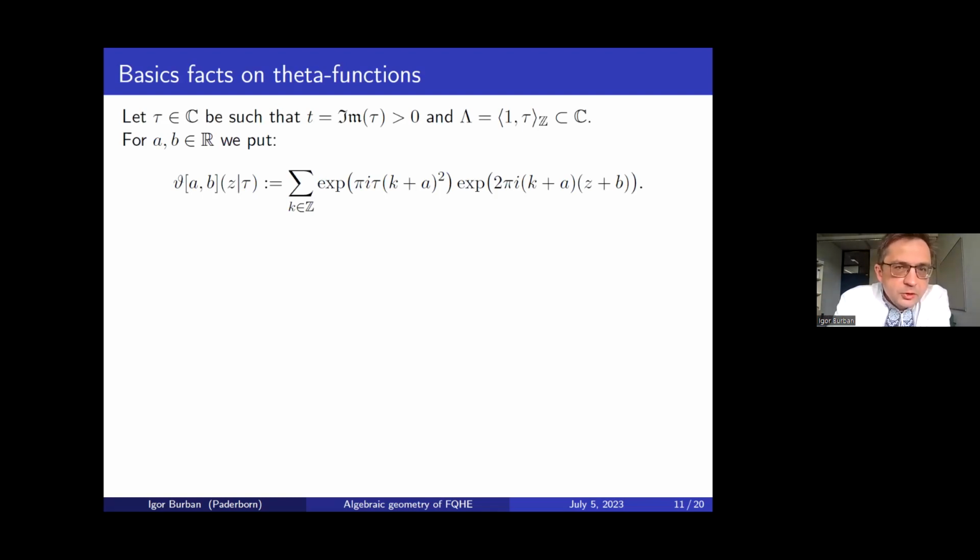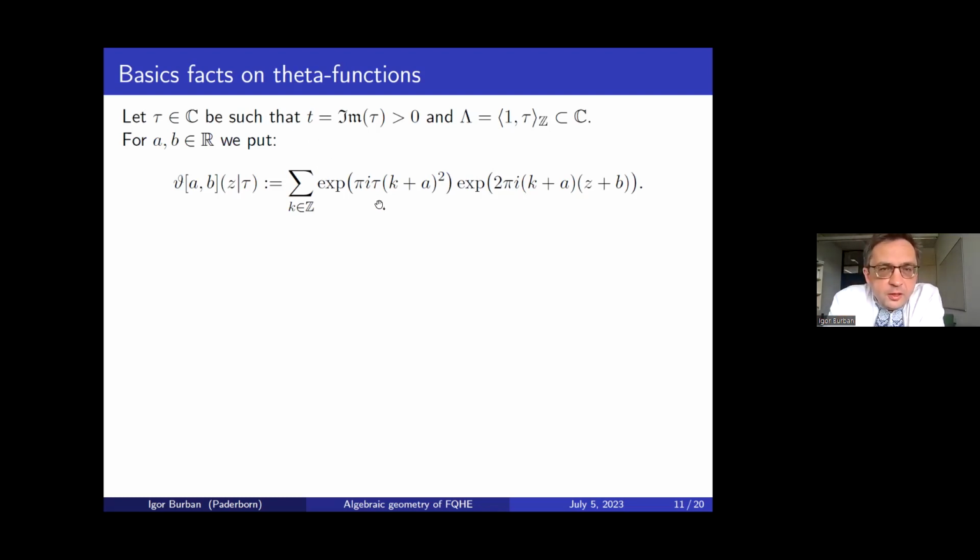And after making these choices, we can consider a series, and important is the dependence on Z. But looking at this series, one can conclude very quickly that it converges for all values of Z. And the reason actually is that T, the imaginary part of tau, is positive.